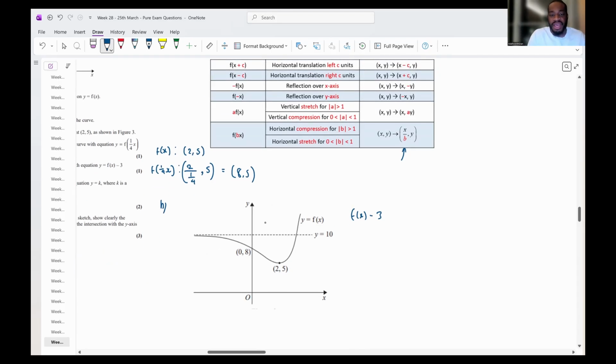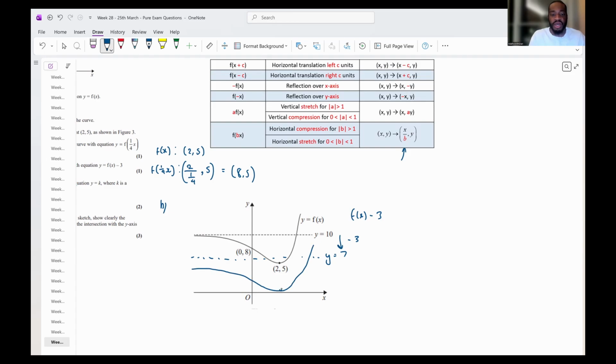So if it's at y equals 10, then the new asymptote would be at y equals 7, right? It would drop by 3. And then obviously the curve would drop by 3 as well. So something like that, basically. It's obviously a sketch, but you guys get the idea. It's just going to literally be like that.